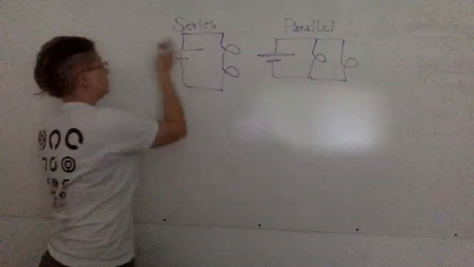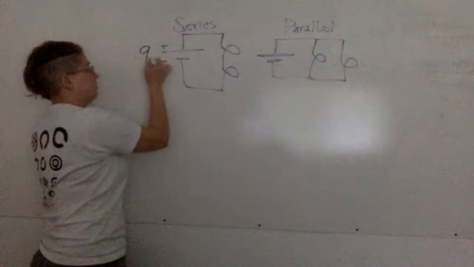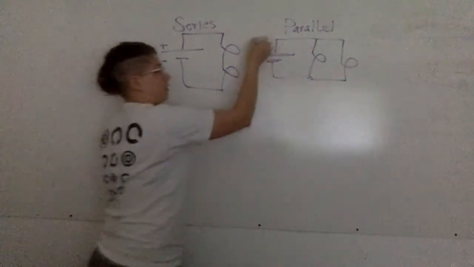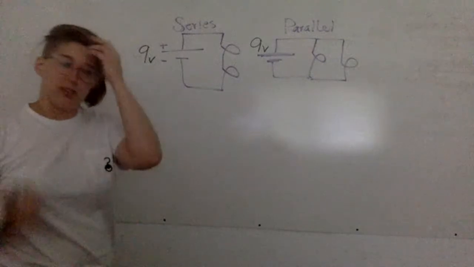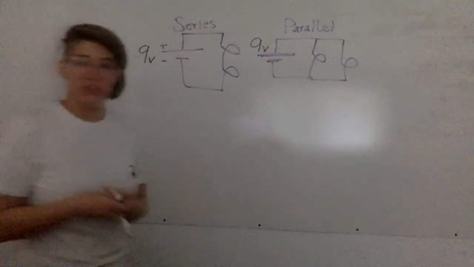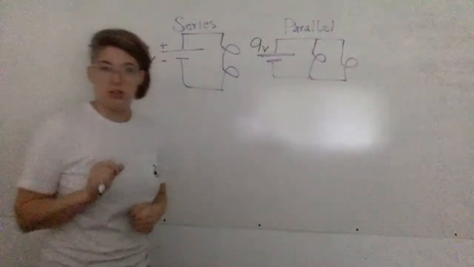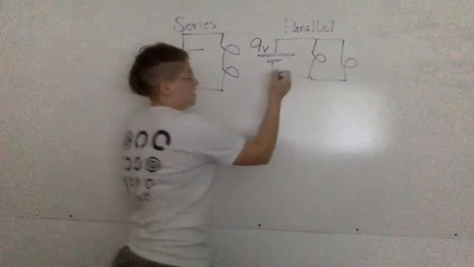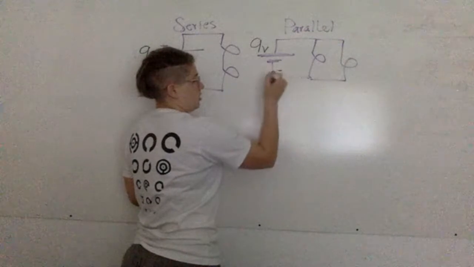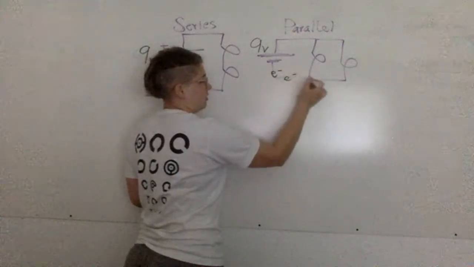So we'll make this a 9-volt battery and this a 9-volt battery. So 9 volts in a battery means that's not the total energy, that's how much energy each charge or unit of charge carries.